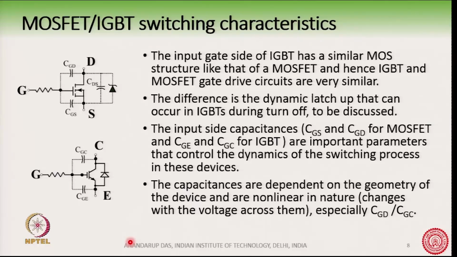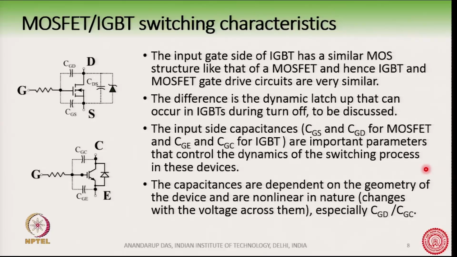So, these are the important parameters to keep note of, and we will come repeatedly to this. Now, unfortunately, these capacitances are not fixed values and they are non-linear in nature, because as the voltage is applied, the capacitors are changing their values. If you go into the physics of the device, you will be able to understand how it happens. I would not like to go into that.